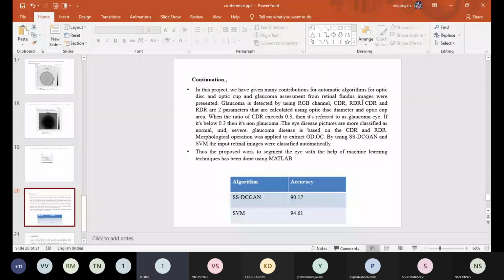Yes, ma'am. Okay, what is the range of that glaucoma level you have fixed? Have you identified that region as affected with that particular disease or not? What is the threshold you have fixed?